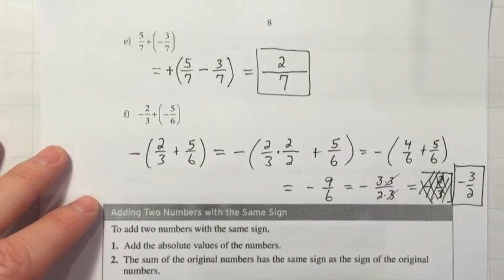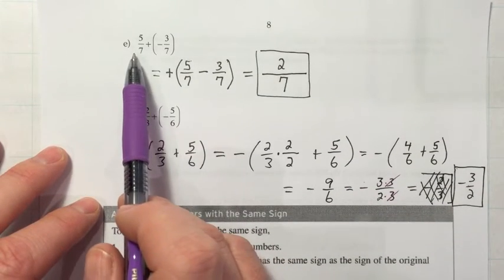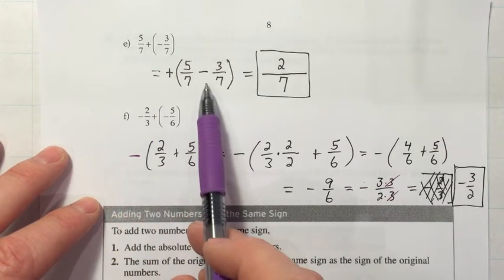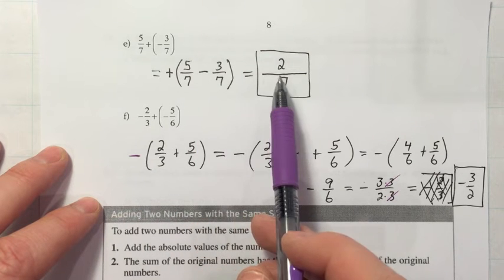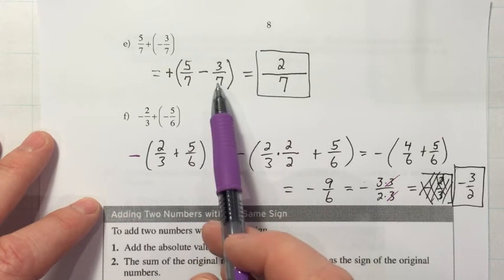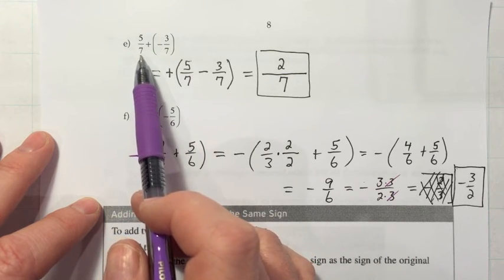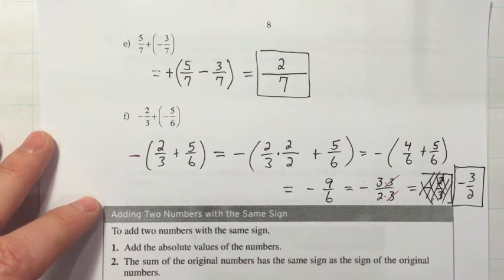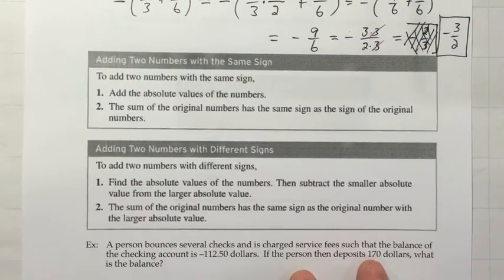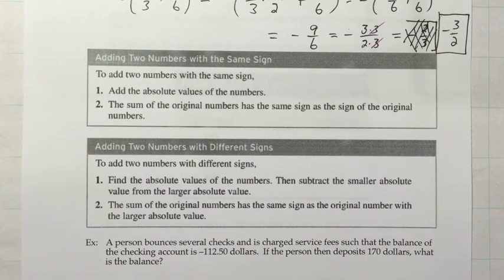So if you come back here and look at what we did on part E, where we had a positive and a negative, so that's why we're subtracting, because we had different signs, and we get the 2/7. And then there's that extra thought, well, which number was bigger, the 5/7? And what was that originally? That was a positive, so the positive wins out, and we get a positive answer. So those are our rules for adding numbers, whether they have the same sign or whether they have different signs.